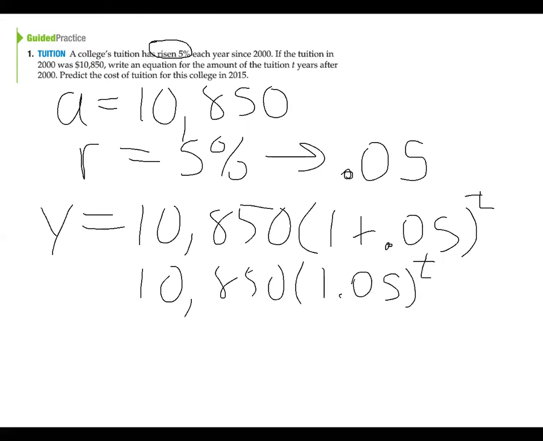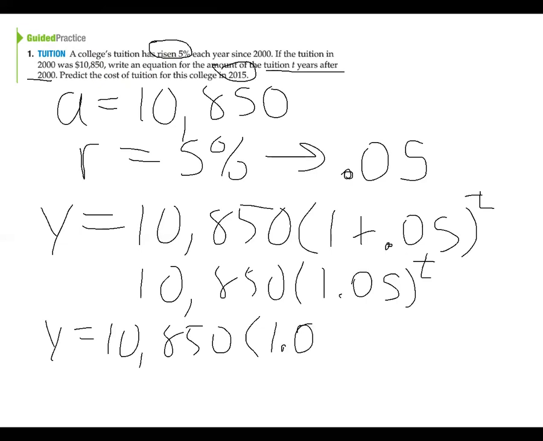Predict the cost of the tuition in this college for 2015. At the time of this recording, that would be 2 years ago. Well, you don't put 2015 in for t because the t represents the tuition t years after 2000. So you would do 10,850 times 1.05 to the what? Right, to the 15.